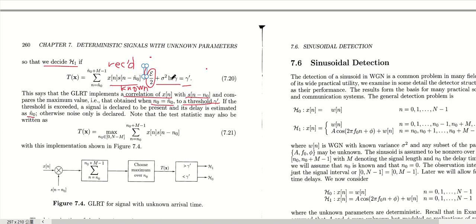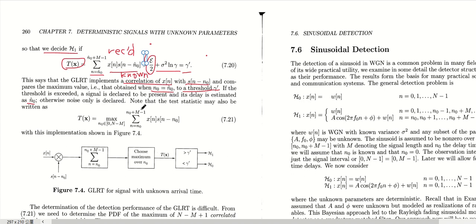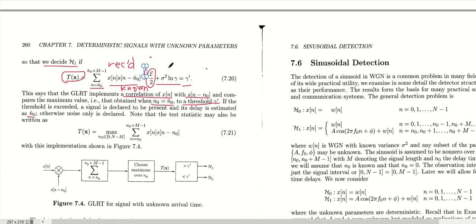And then you see which value of n0 gives you the maximum value of T, and then compare T with the threshold, and the value of n0 that gives you the maximum value of T is the n0 hat. Okay, so that's the detection process.